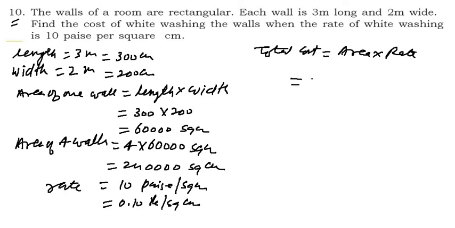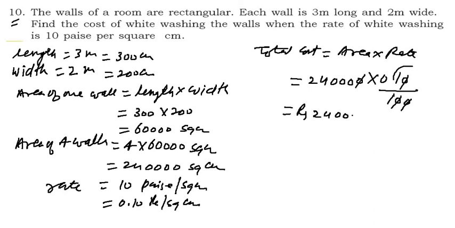Area is given as 24 with 4 zeros, and into 0.10. So you can remove the decimal and put 100 here. So the zeros will cancel, and the 10 is cancelled here. So that one is rupees 24,000 and that one is your answer.